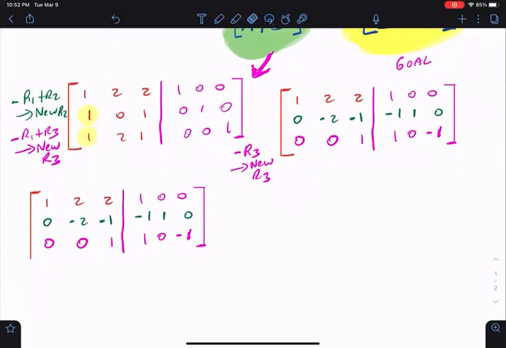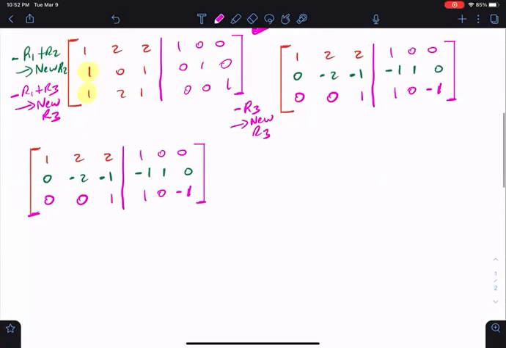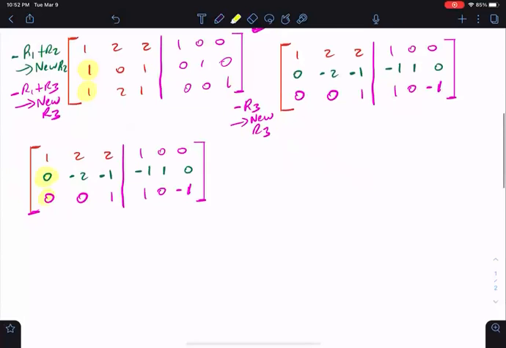Now that I have, you see, I accomplished my target, right? My target was just get rid of those numbers, and I did. And I have a 0 here too, so I don't need to do a computation for that position, 3-2. I don't need to do that no more. So what's next?